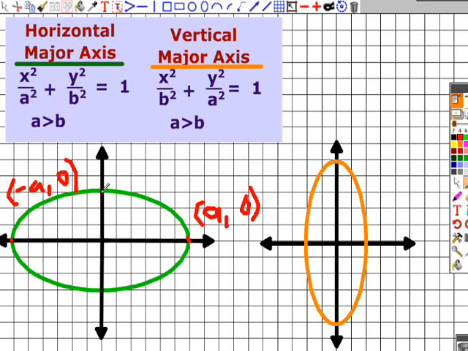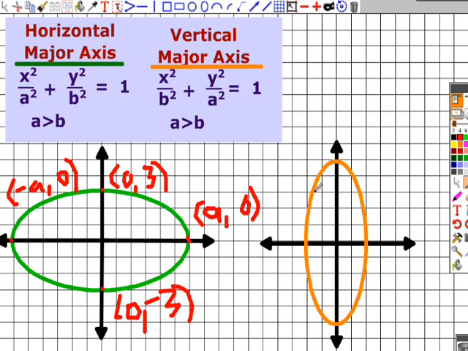And let's say b squared is 9, then b would be 3. So (0, 3) would be my co-vertex, and then (0, negative 3), the opposite, would be my other co-vertex.